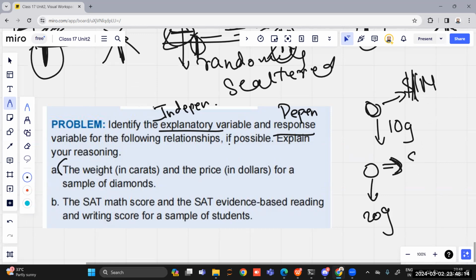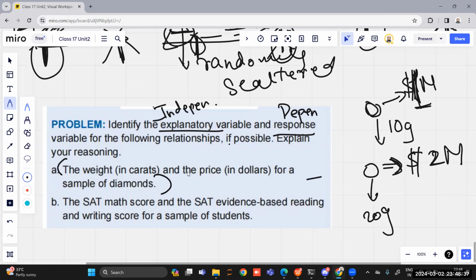The rate will increase, correct? If its weight is increased, then here it's $1 million, and here it's $2 million. It will be doubled. So can you tell me which is the explanatory variable and what is the response variable? The explanatory variable is the weight.